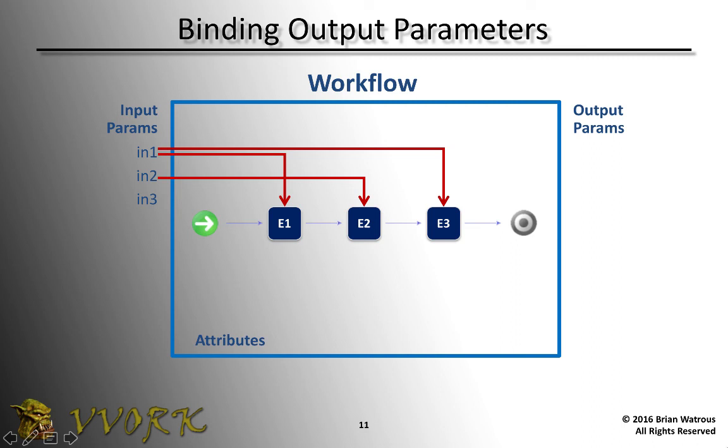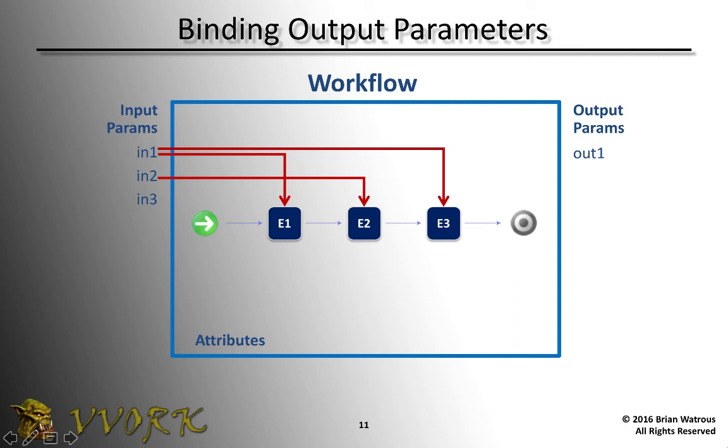Now, I've been talking about input parameters, but essentially everything I've been saying about input parameters is also true of output parameters, with just a little modification. Input parameters allow you to get information in from whoever or whatever is calling your workflow. Output parameters, as you already know, allow us to get information out of this workflow back to whoever or whatever is calling our workflow. But the mechanism for binding works essentially the same way.